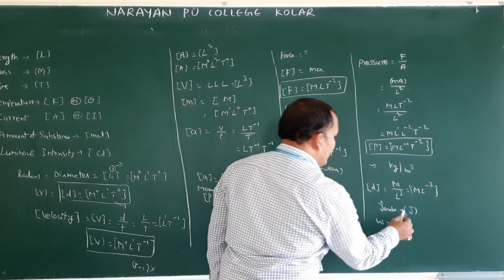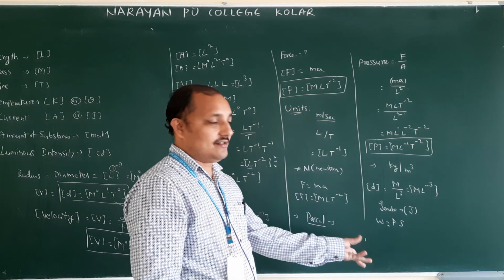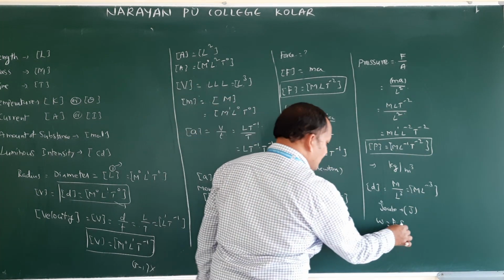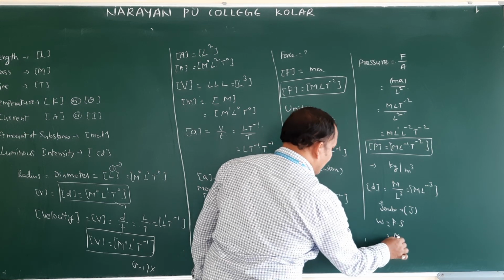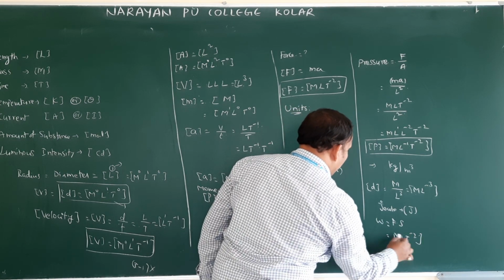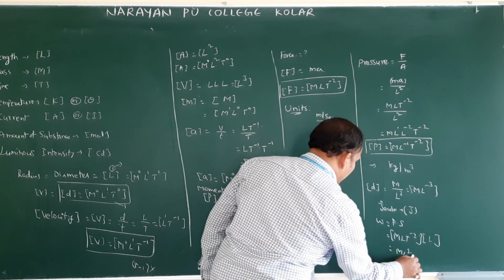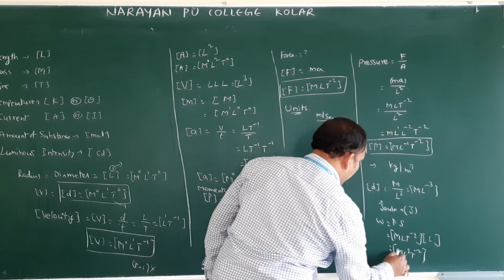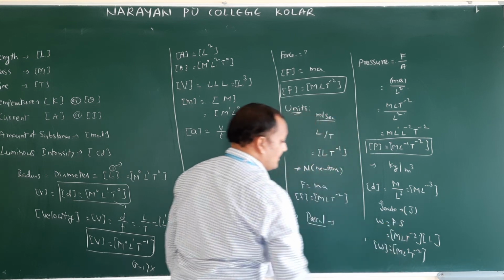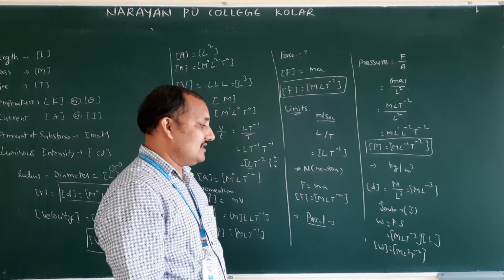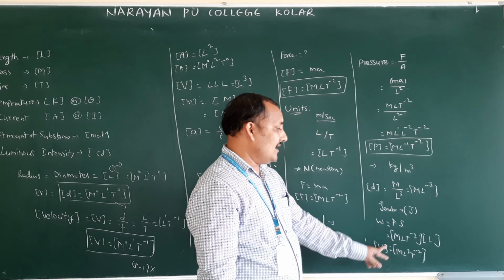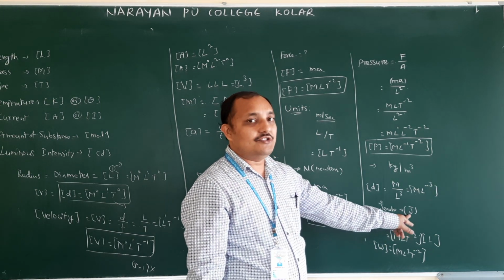Force into displacement. You should come to the equation, otherwise we can't write. Force into displacement. Force dimension formula is M L T power minus 2. Displacement dimension formula is L. So M L square T power minus 2 is the dimension formula for work done or the dimension formula for joule.